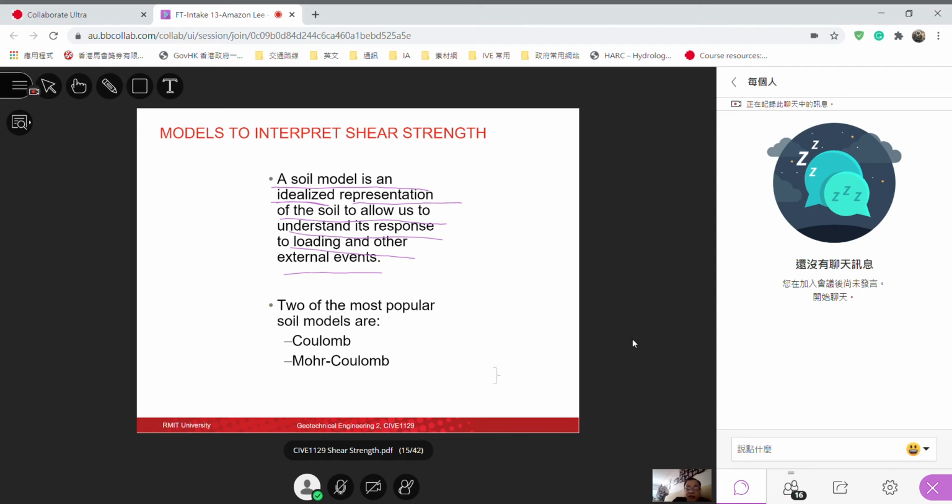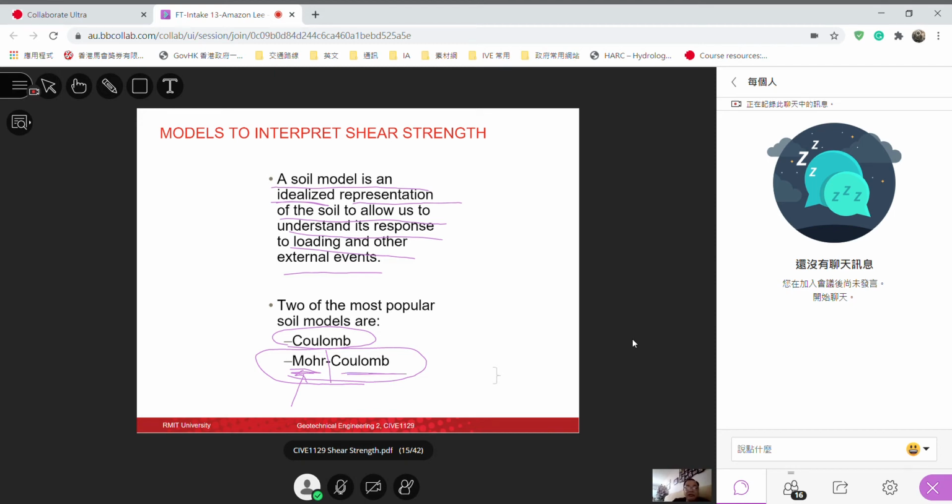There are two simple models that the majority of undergraduate students learn. One is an older one, the Coulomb model, which was developed almost 150 years ago. But we found it is sometimes not suitable, especially when we have cohesive soil. Later we developed the Mohr-Coulomb. Mohr is named after Professor Mohr, the same person as the Mohr circle, and Coulomb is Professor Coulomb.